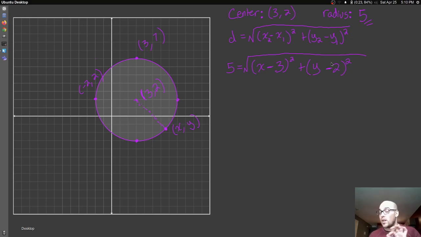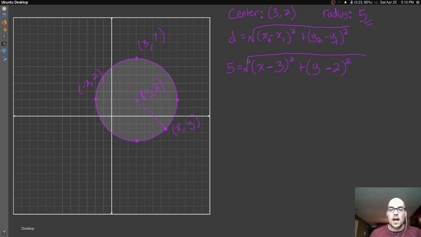We're actually really close here. If I want my general form for the equation of a circle, I want it to look a little bit prettier than this. I don't want a square root, so I'm going to square both sides right now. When I do that, I would have a 25 here, and this square root would go away. Before I do that, I'm going to rotate this around and put my x's and y's first.